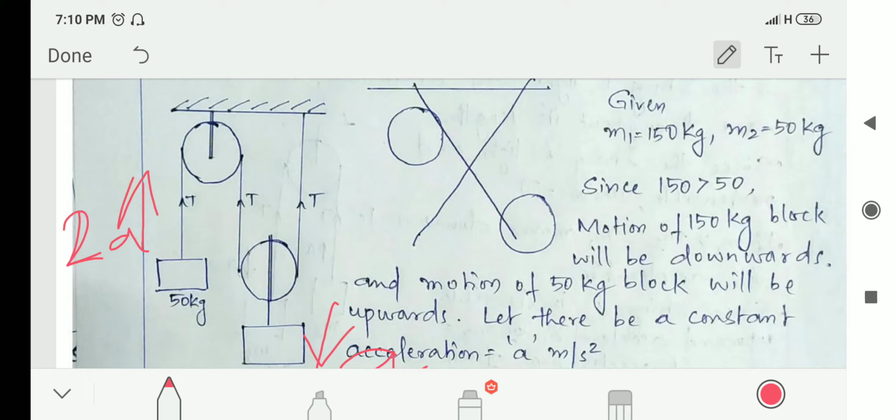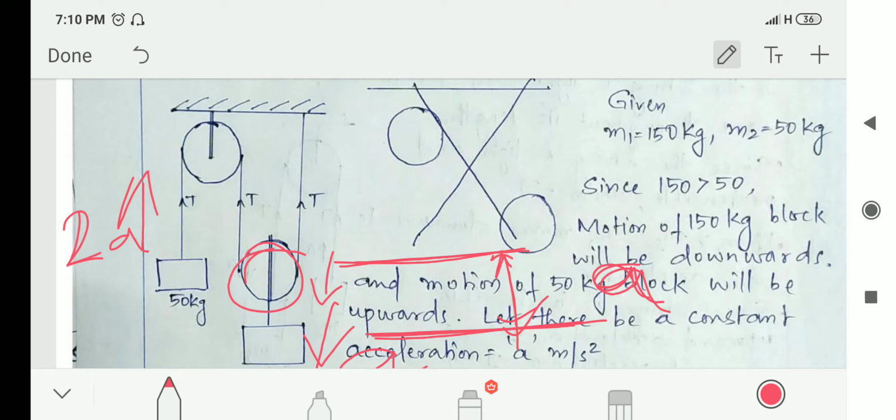So let us see. Suppose this pulley, before starting the motion, was in this mean position, and finally it has reached a lower position, traveling some distance. Upon calculation the acceleration was found to be small letter a. So how did this pulley actually move this distance? For this pulley to move downwards, both the limbs of the string should travel the same distance, right?